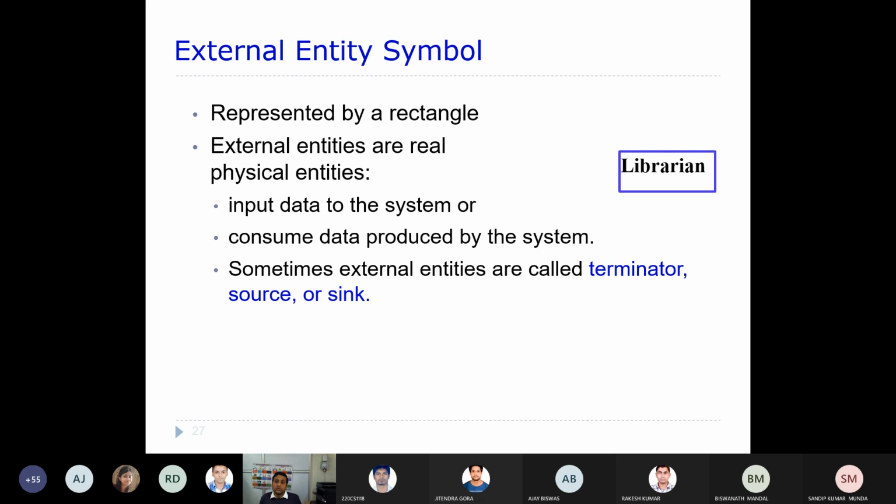Someone who interacts with the system can be called an external entity. These are represented by a rectangle, and sometimes called a terminator, source or sink also.